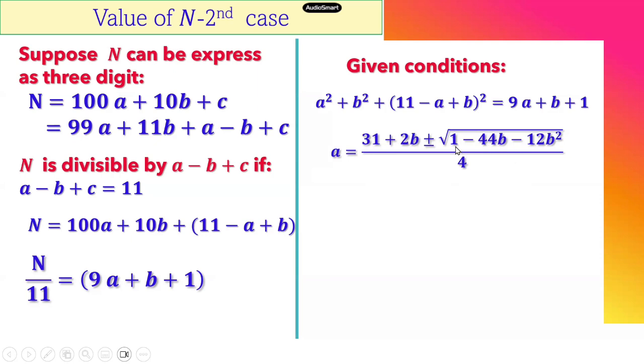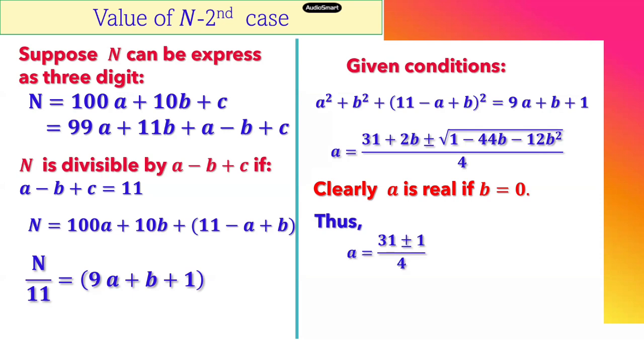So now here if you see inside the square root, we can say that this is real when b is equal 0. In any other case it is a complex root. So therefore we take b equal 0, and thus we will get 2 roots, 31 plus minus the square root of 1, which is 1.